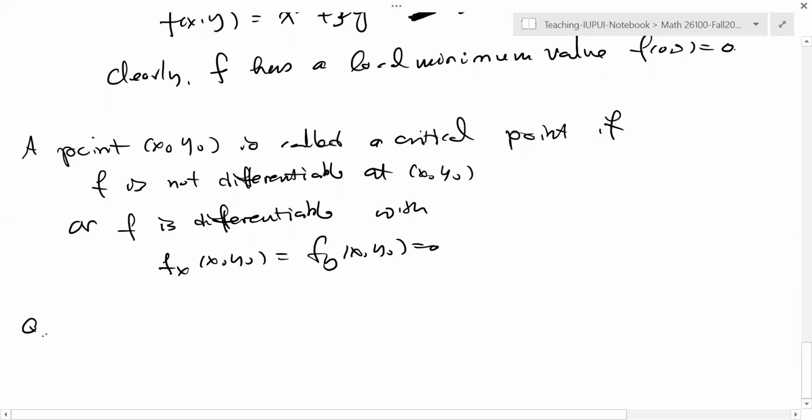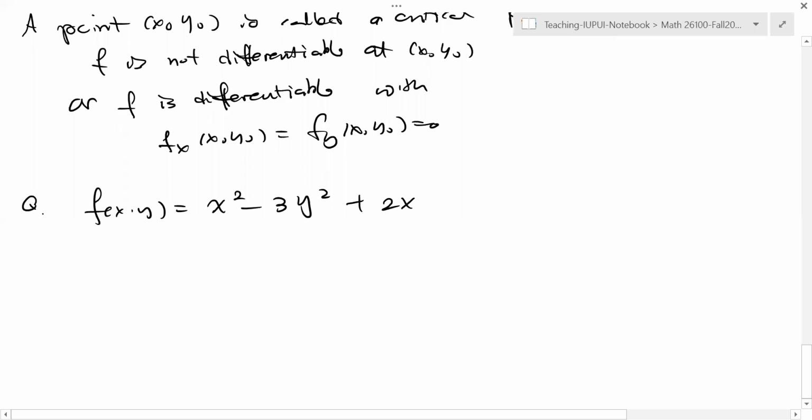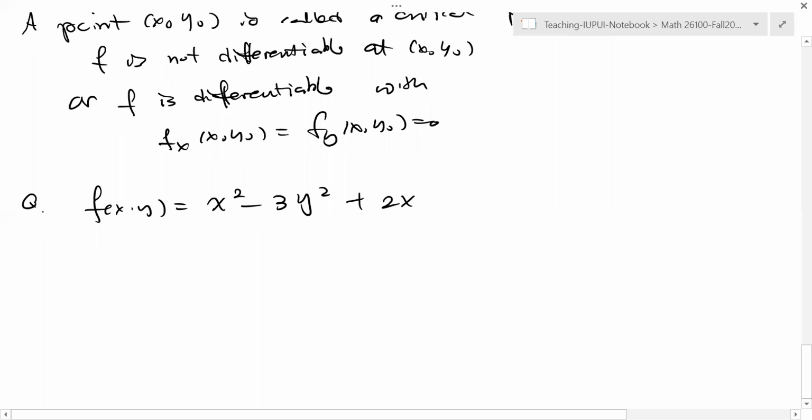Here's the problem. f of x, y is going to be this; I just changed this problem to this one. Let's find the critical point first.